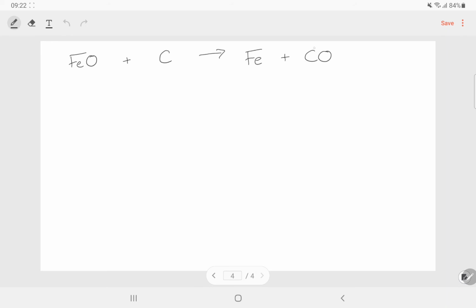So our carbon is our oxidized thing, which means either our oxygen or our iron has been reduced. We can work that out as well because in FeO, iron oxide, the iron has lost oxygen. It has been reduced. So our Fe must be our reduced thing.